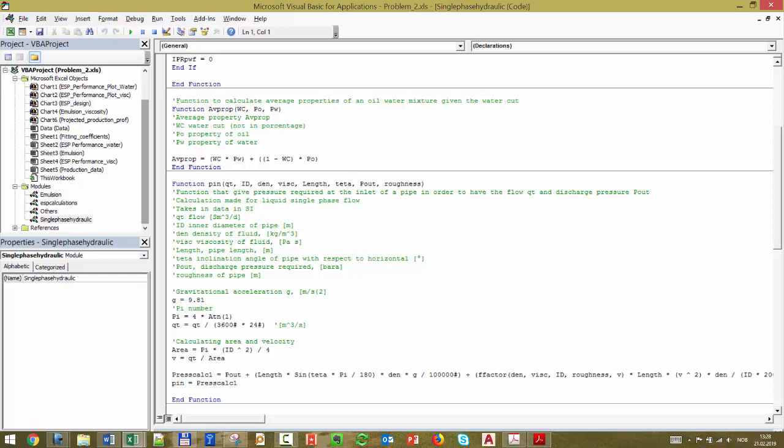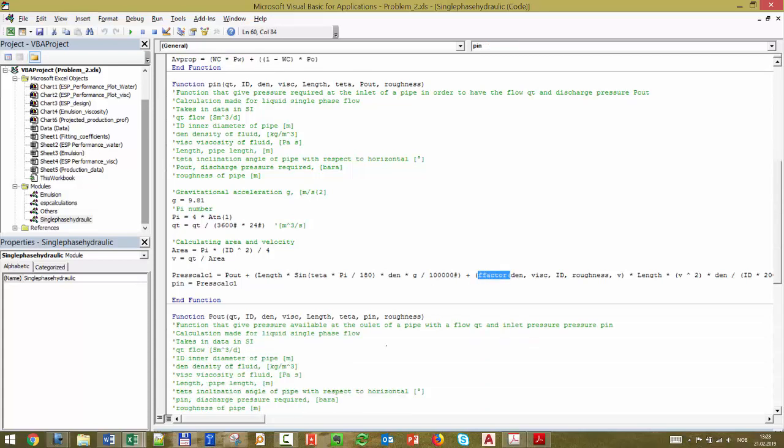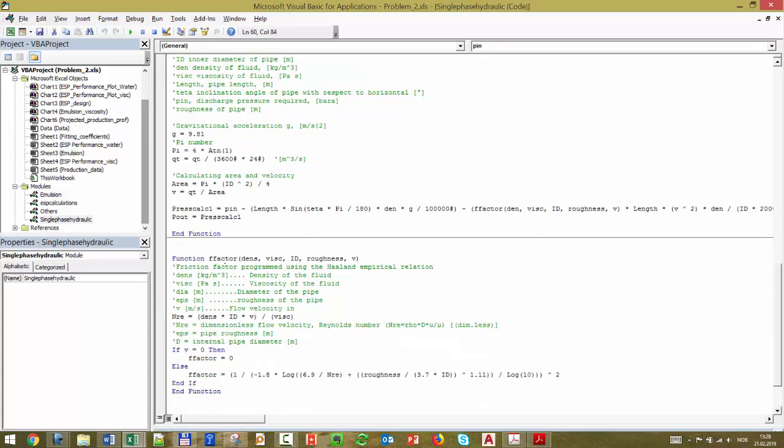You have to give the viscosity, density, the length, and the roughness. And with that, you use a function called friction factor. It needs one more, it's not correct. You should have one for laminar flow and one for turbulent flow.